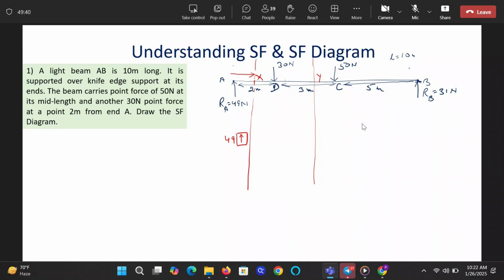Let me see the forces which are active. You don't have to draw these arrows. I'm drawing them just for the sake of clarity one time. There are 3 forces to the right of X. Now, if I start from the right hand, there is 31 newtons, which is acting upwards.